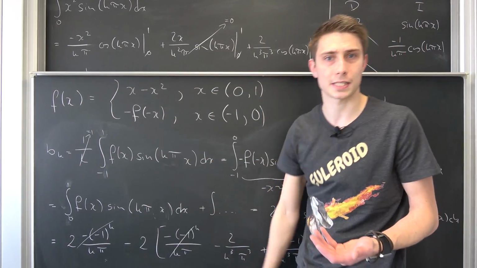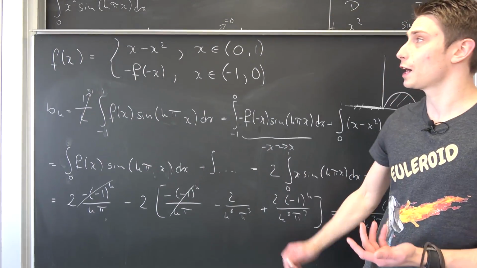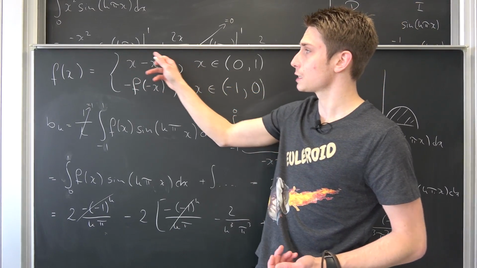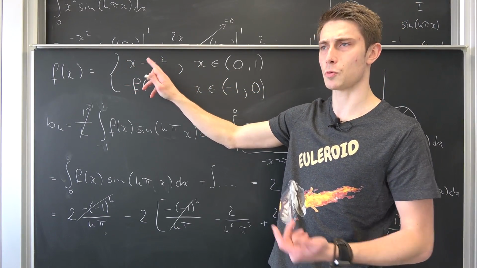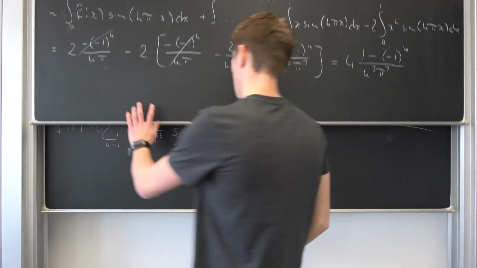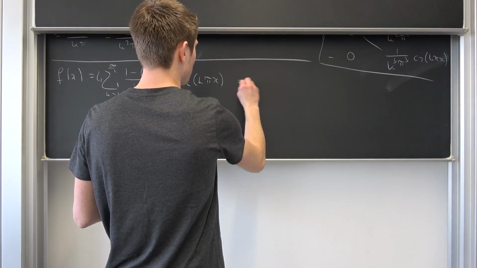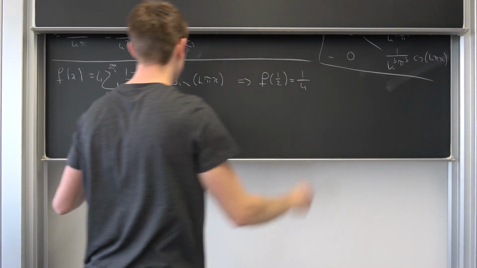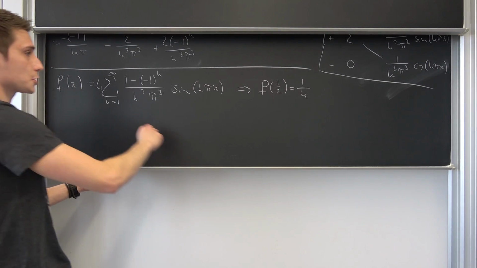So why not choose, for example, 1/2? 1/2 is a positive value. So if we choose x equal to 1/2, it's going to be 1/2 minus 1/4, which is going to give us 1/4 by this definition. So f of 1/2 is nothing but 1/4, like I said, and we can actually plug this chunk in here.